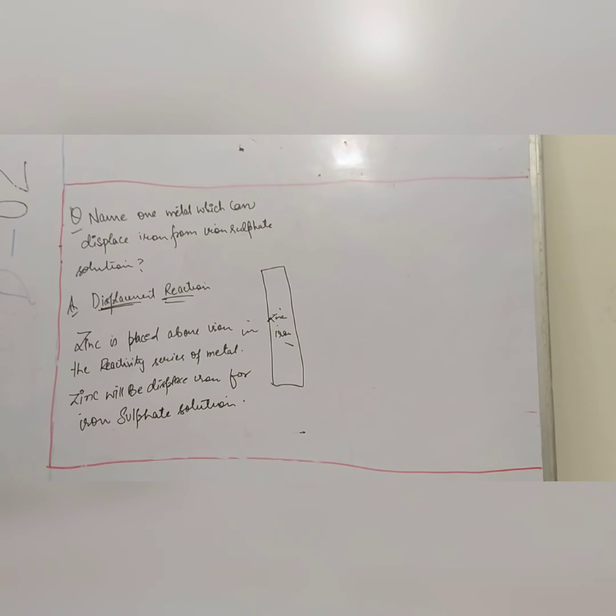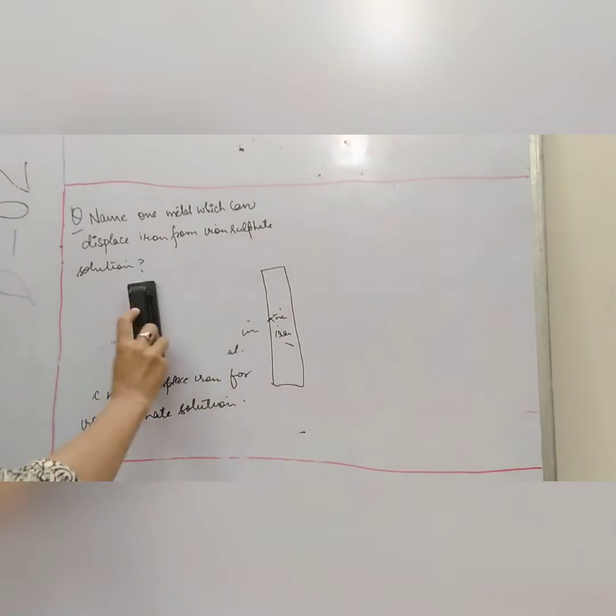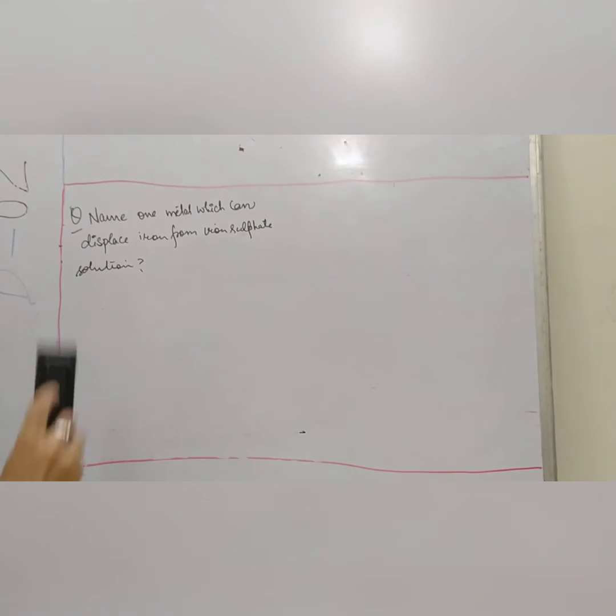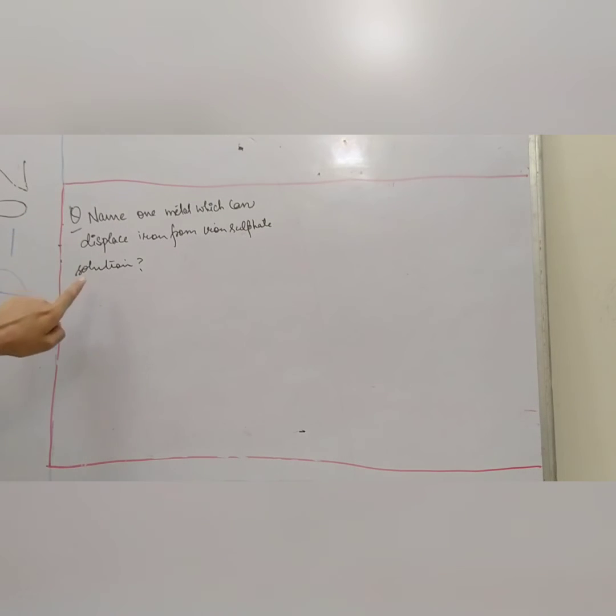I hope this question is now clear to you. Now your next question is: name one metal which cannot displace iron from iron sulfate solution.